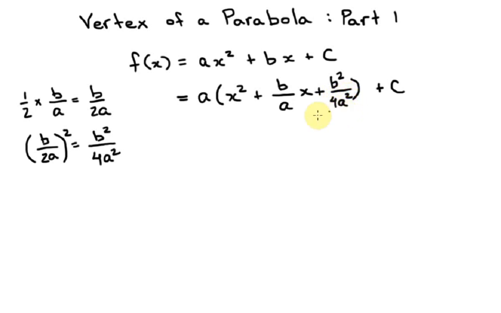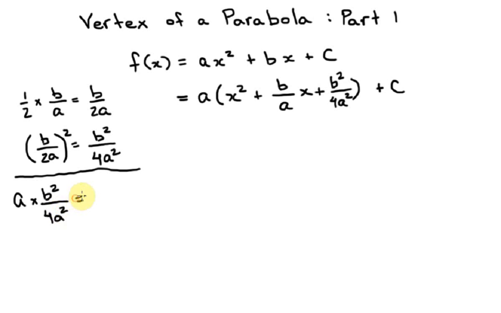All right, so I put that in there, but now I got to compensate. So let's just separate this. So what number did I actually put in? Well, there's an a out in front that multiplies this completing the square fraction. So let's have a look at what we actually have here. We have a times b squared all over 4a squared.